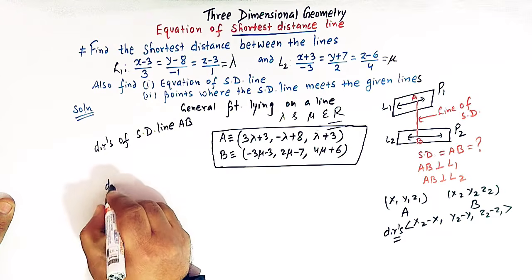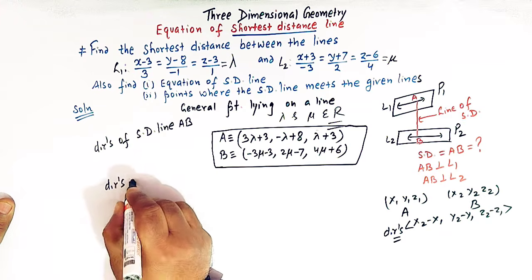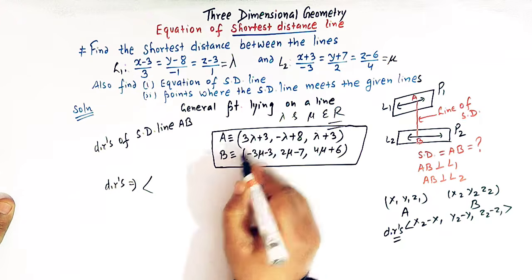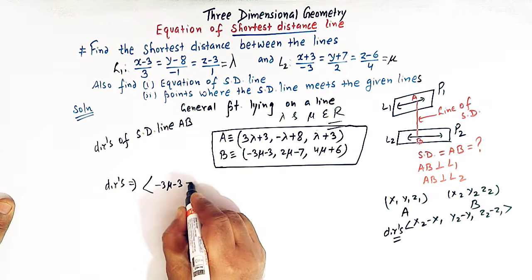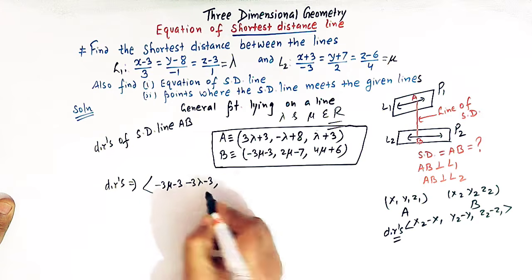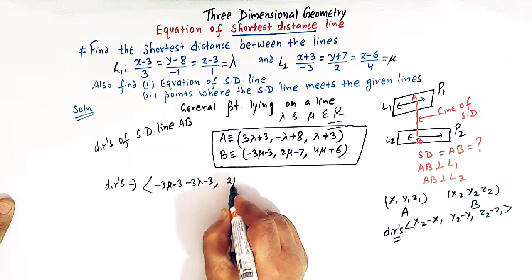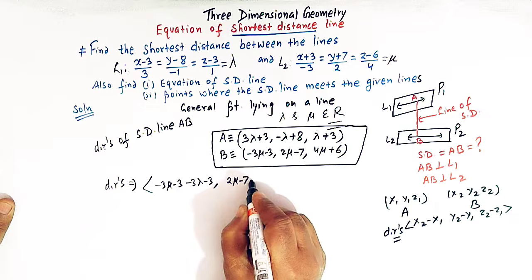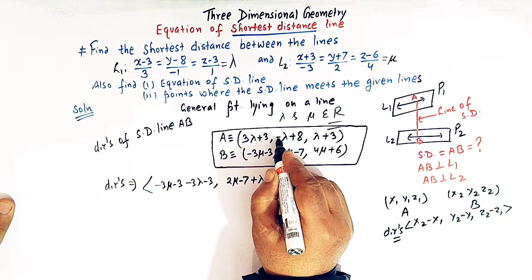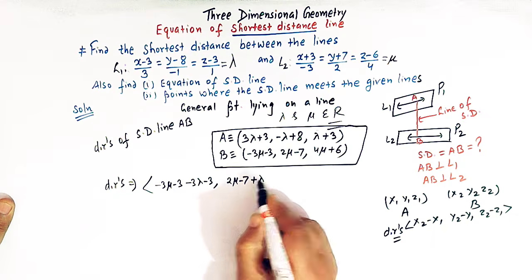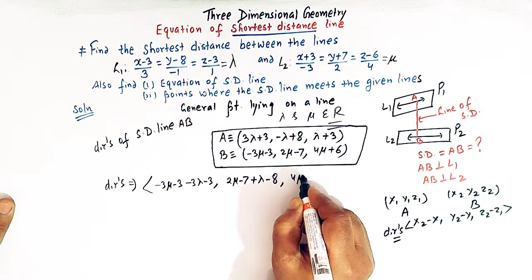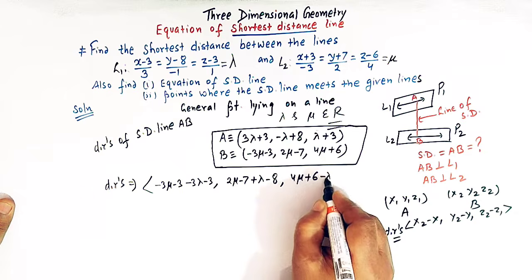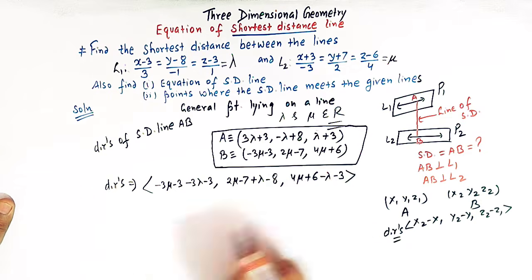So the direction ratios may be obtained like this. So we have minus 3 mu minus 3, minus 3 lambda minus 3. Then we have 2 mu minus 7 plus lambda. Here this negative sign becomes positive. Then we have minus 8, then 4 mu plus 6 minus lambda minus 3, right?